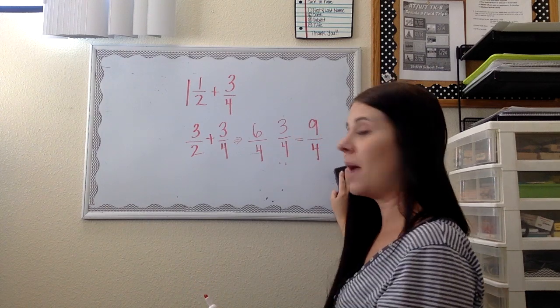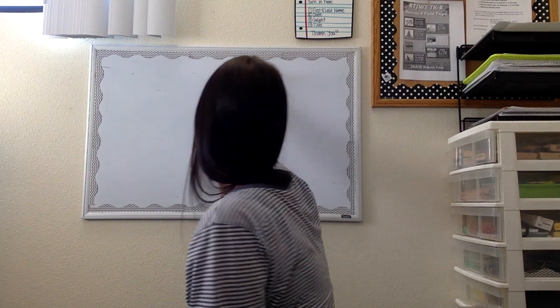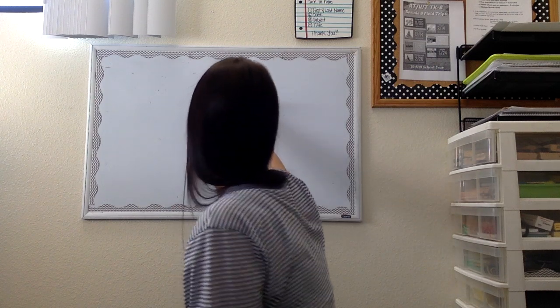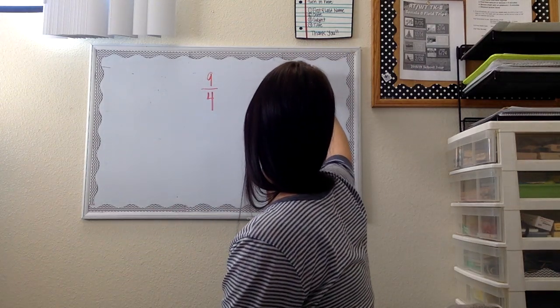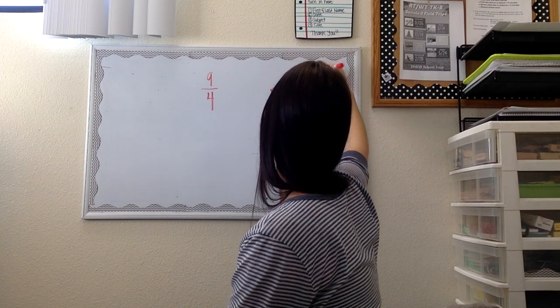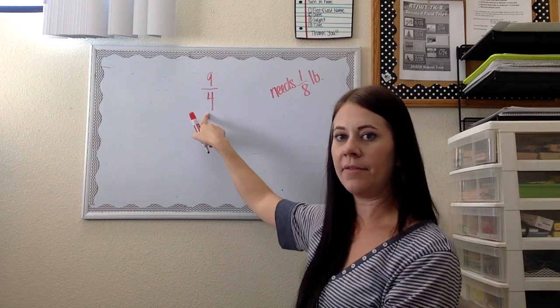So you don't erase, but I'm going to. So they have 9/4 pounds of clay. Now, every student needs 1/8 pound. So I want to know how many 1/8 go into 9/4.